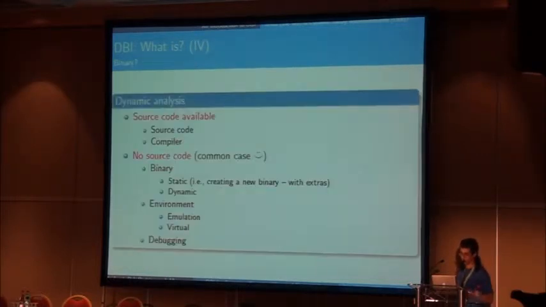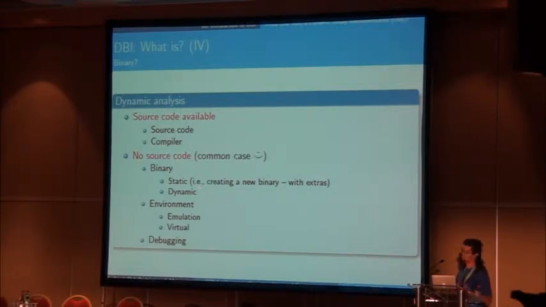And about binary, we can perform different kinds of dynamic analysis. If we have the source code, we have two choices. Maybe we can instrument somehow our own source code by adding our tricks. The compiler can do it for us. If we don't have the source code, which is more or less the common case, we can either instrument the binary in a static way.